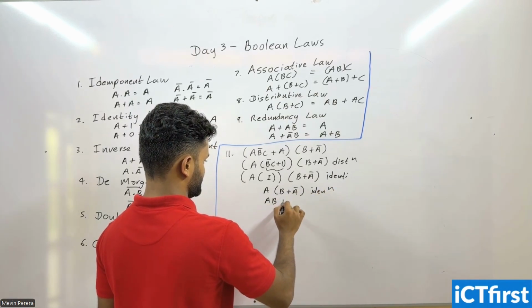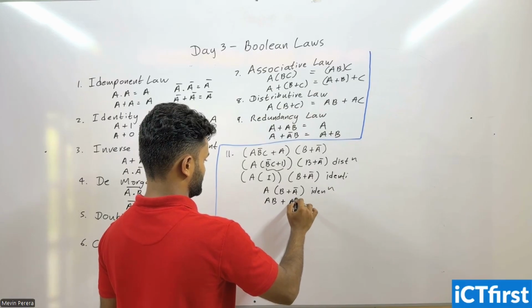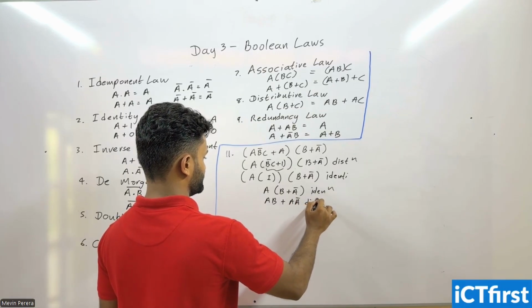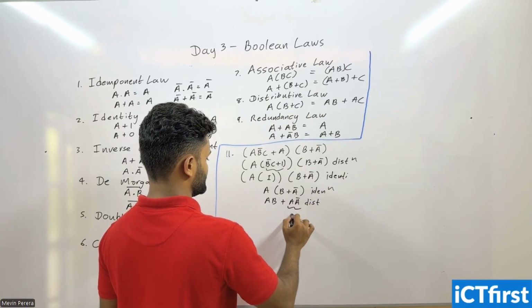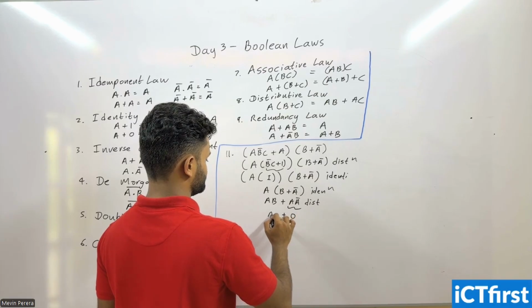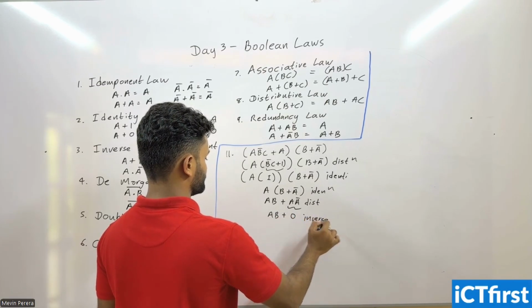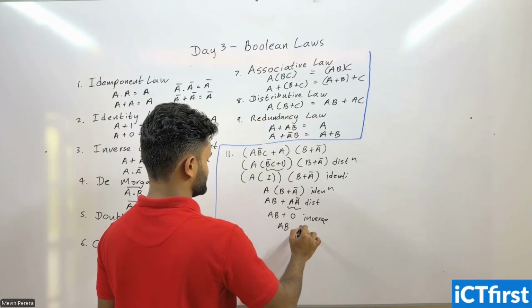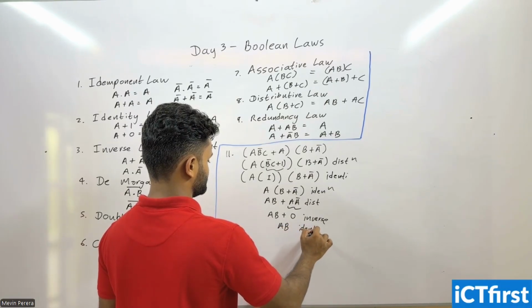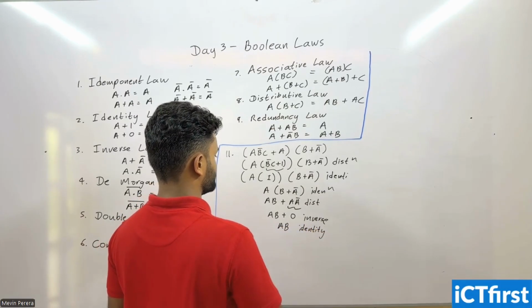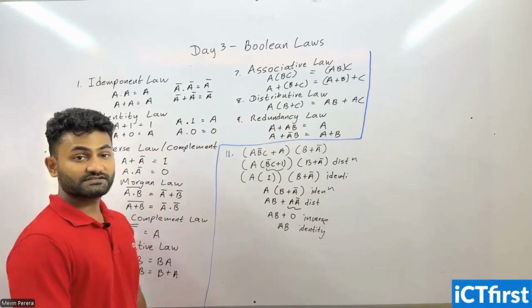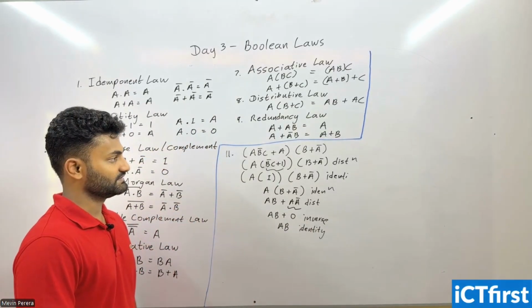Then AB plus A bar, that is distributive. This is equal to 0, that is inverse. Final one is identity. Right? So that's the 11th one.